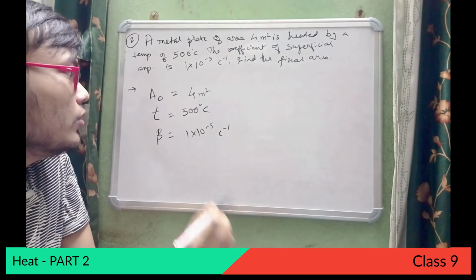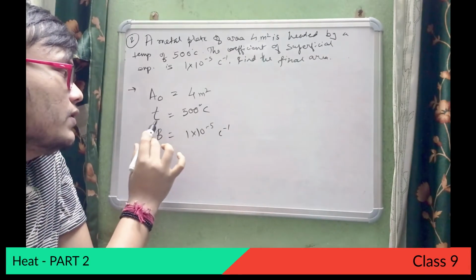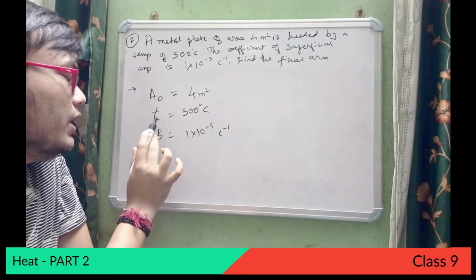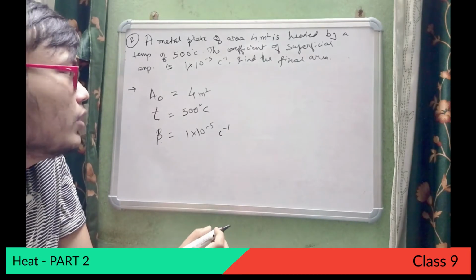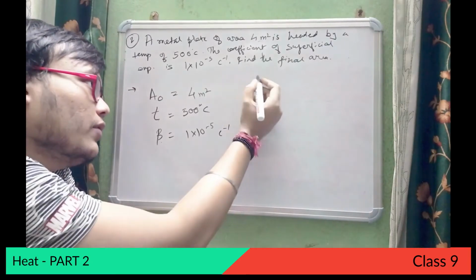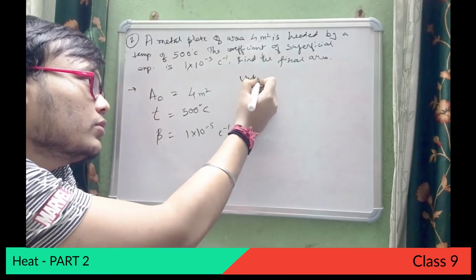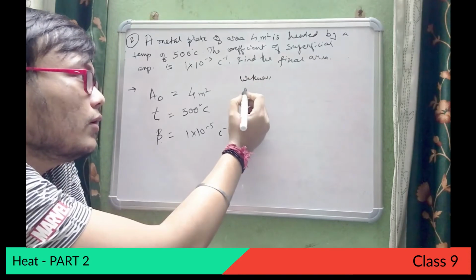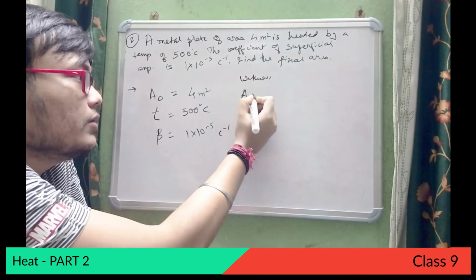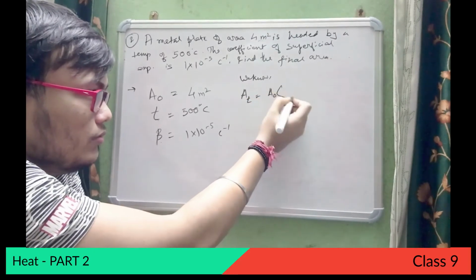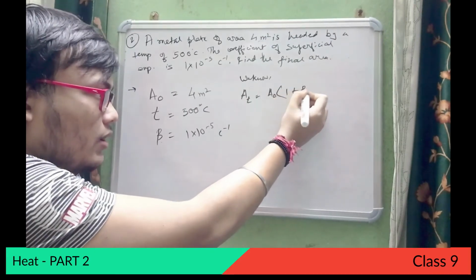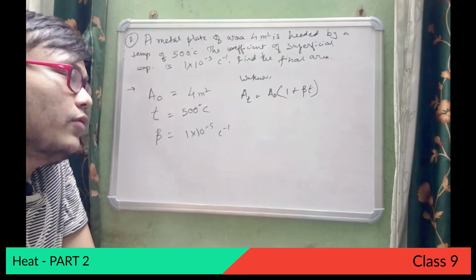Now A0 is given, T is given, beta is given. So we can easily find out AT by using the formula. We know AT equals A0 (1 plus beta T). This is the formula we know.